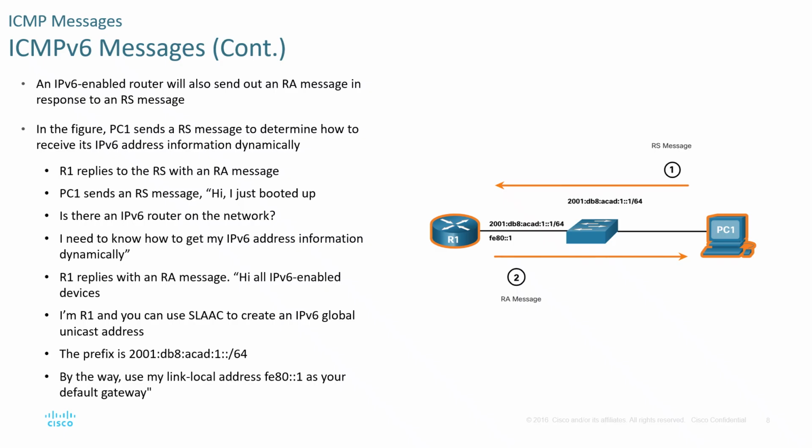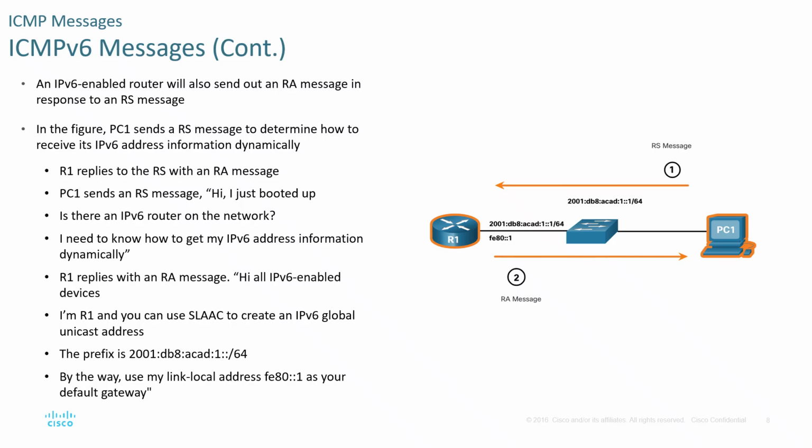SLAAC, which is the default; SLAAC with stateless DHCPv6, which is getting the IP configurations from the IPv6 router, and anything else like DNS, any other kind of parameters from the DHCPv6 server. And then the last one was stateful, which is getting all of the information from the server itself. So R1 replies to the RS with its RA message.